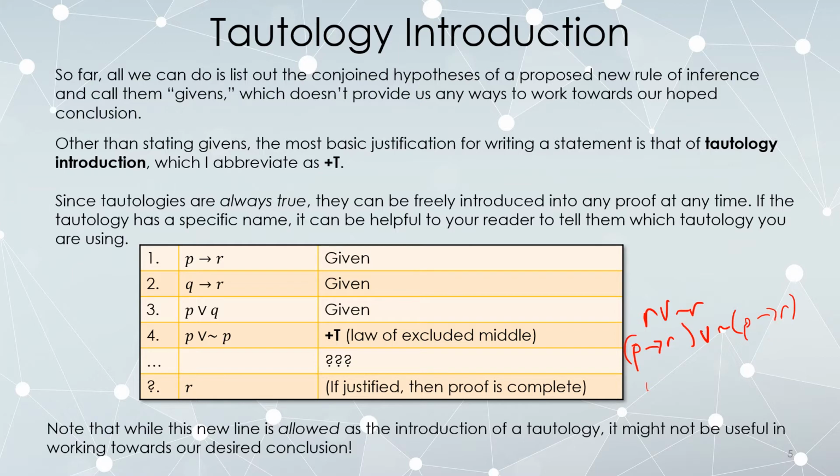I could even do something convoluted like the negation of P implies Q or S implies T, or the negation of P implies Q or S implies T. Because what have I actually claimed? A big mess or its negation. That's still the law of the excluded middle. It's allowable, it would be totally useless. Okay, there would be no point in introducing it in this proof, but it would be allowed.